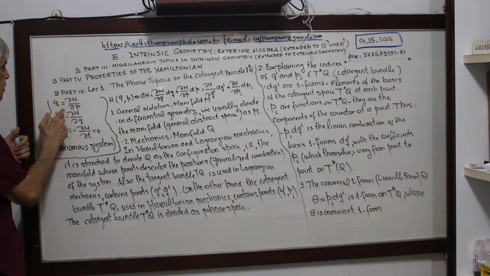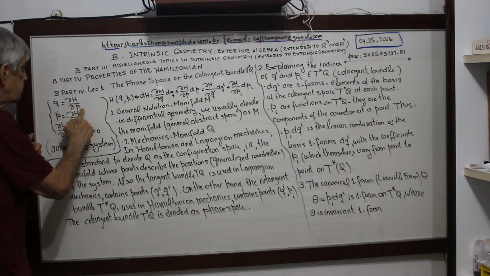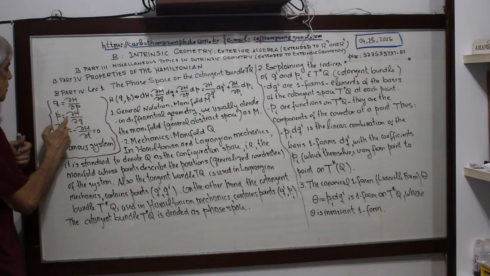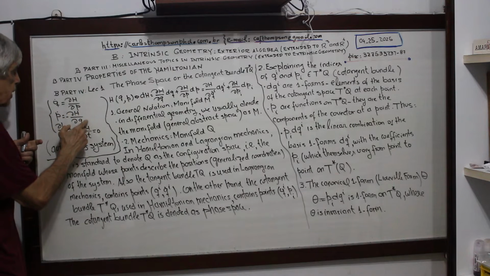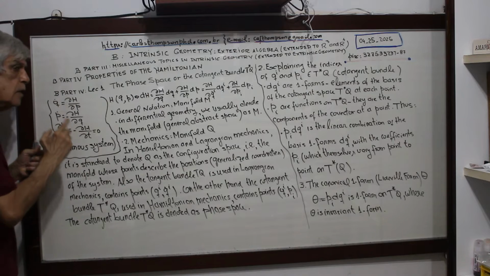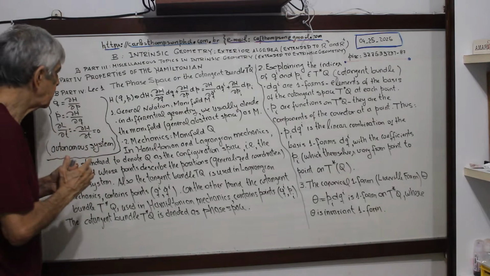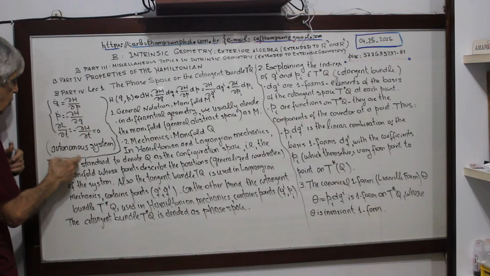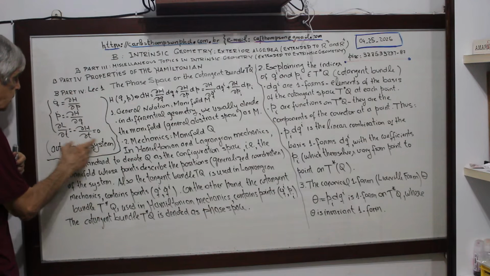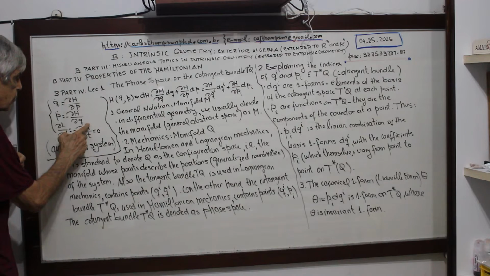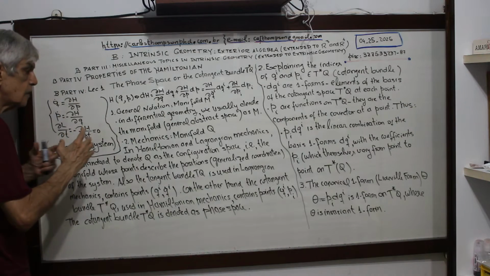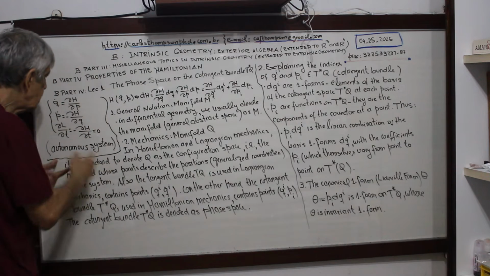So q dot is partial H with respect to p, and p dot is minus partial H with respect to q. Dot here means derivative with respect to time, for an autonomous system, where the Lagrangian and the Hamiltonian are not explicitly functions of time.